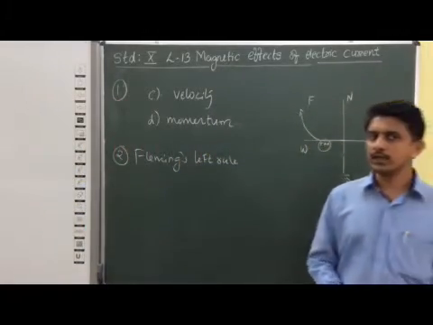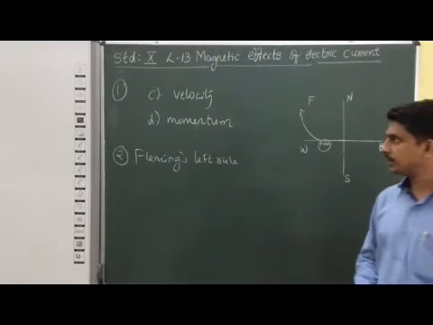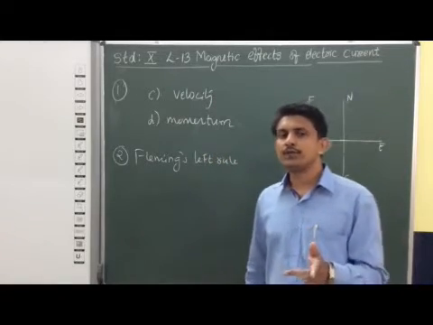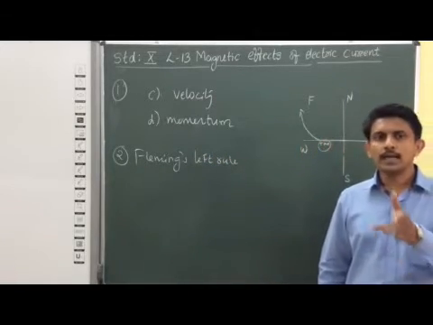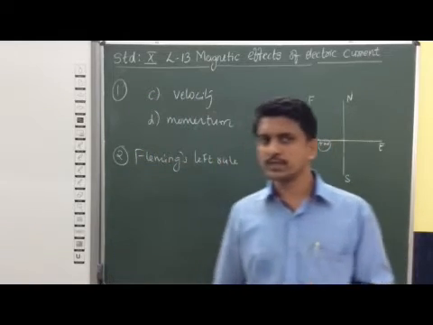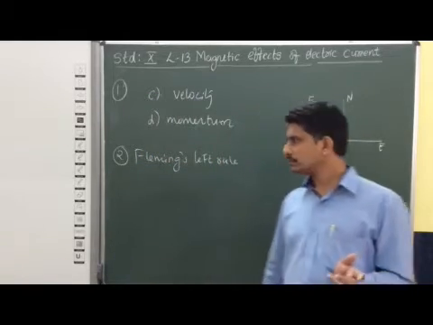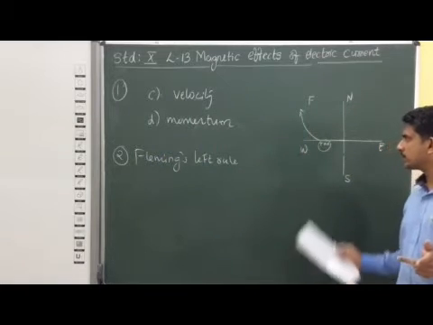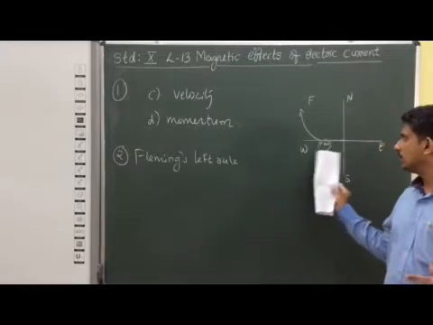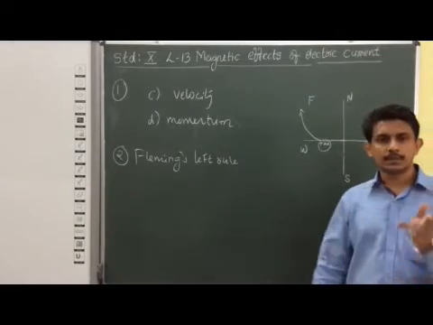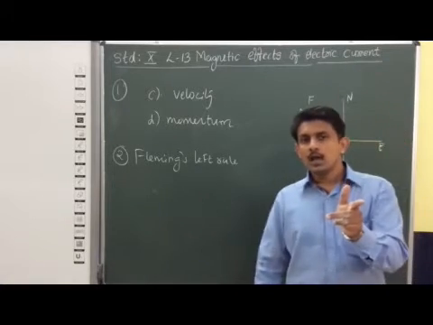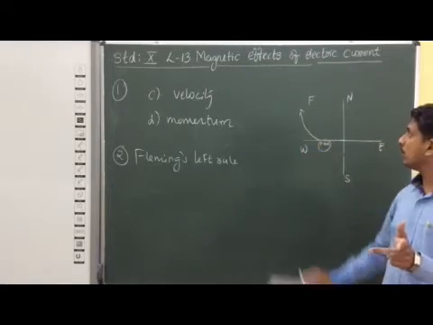Stretching the three fingers of the left hand in mutually perpendicular directions, the central finger represents the current, the forefinger represents the field, and the thumb represents the direction of motion of a conductor or the force experienced on the conductor. In this case, a positively charged particle is moving, so we can take the current direction as the same direction as the movement of this particle.